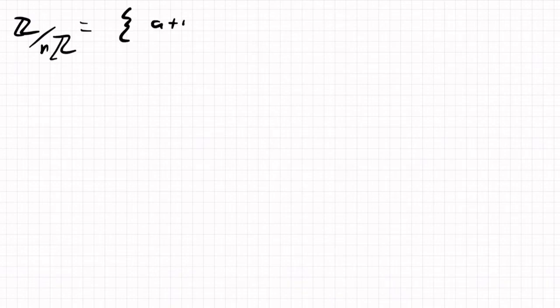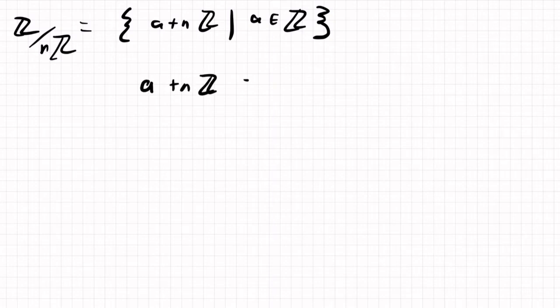We said Z mod nZ is the set of A plus nZ for A in Z, but A plus nZ will equal B plus nZ if and only if A equals B plus k times n for some k.